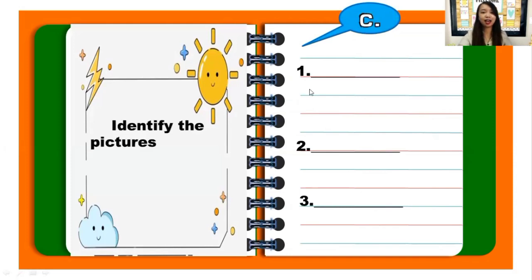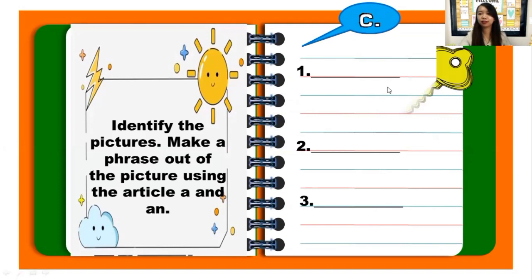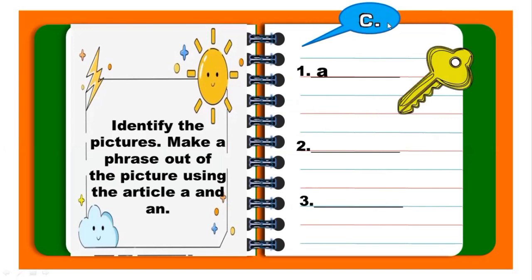It says here, identify the pictures, make a phrase out of the picture using the article a and an. Okay, let's have the picture in number one. So as you can see here, it's a key.